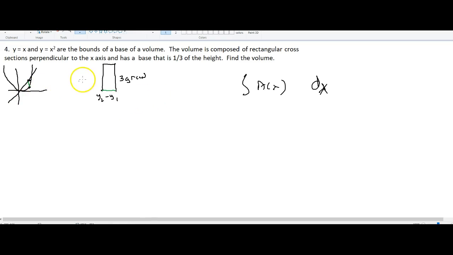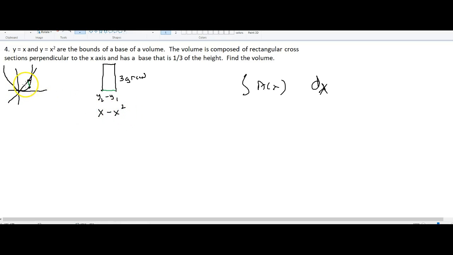But the good news is I need it in terms of x anyway. So I know that y2, the taller of the two graphs, is going to be x. The shorter of them is going to be x squared. So the bottom is always going to be, for any value of x you pick, x minus x squared.